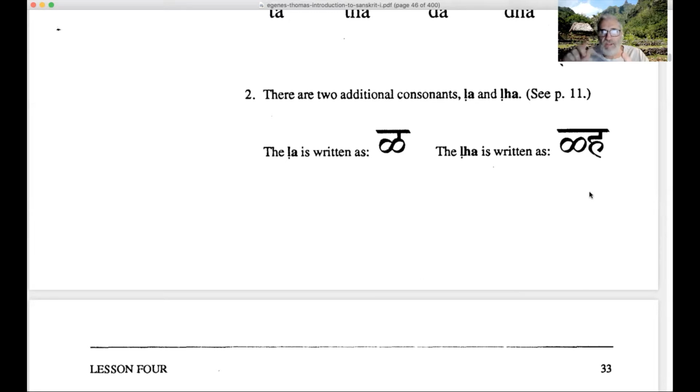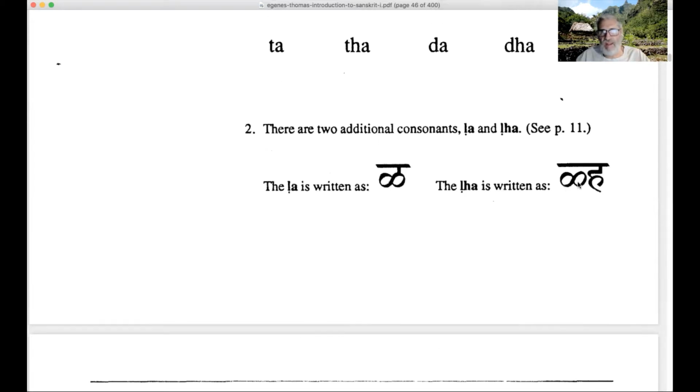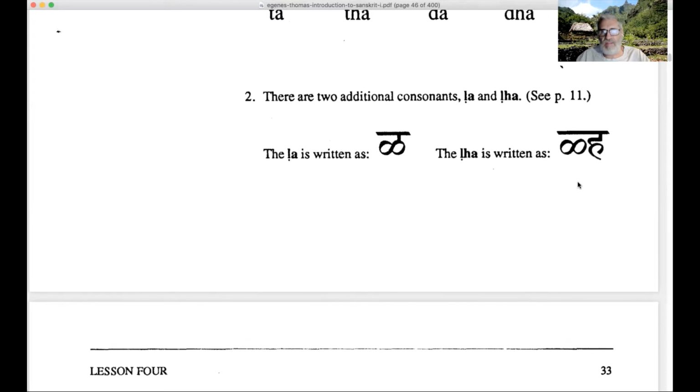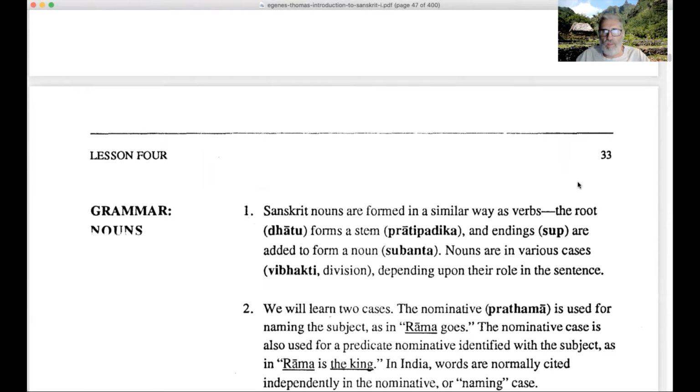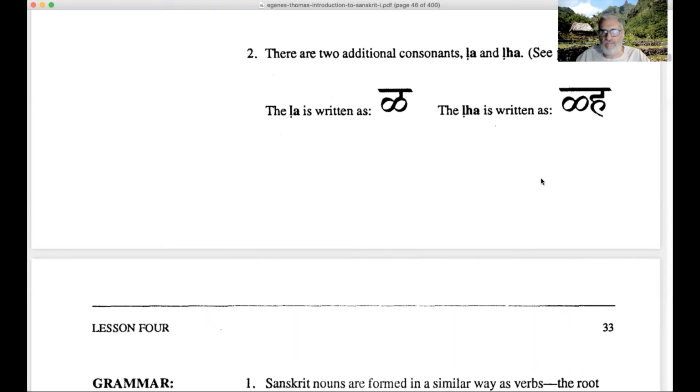So the word actually is Agnim ide, but the ide becomes ile because on both sides are vowels, and the rule changes it to this Vedic letter. We don't have to know that if we're not dealing with Vedic Sanskrit, but just to be complete, he's explained that to us. We'll hardly ever see this.